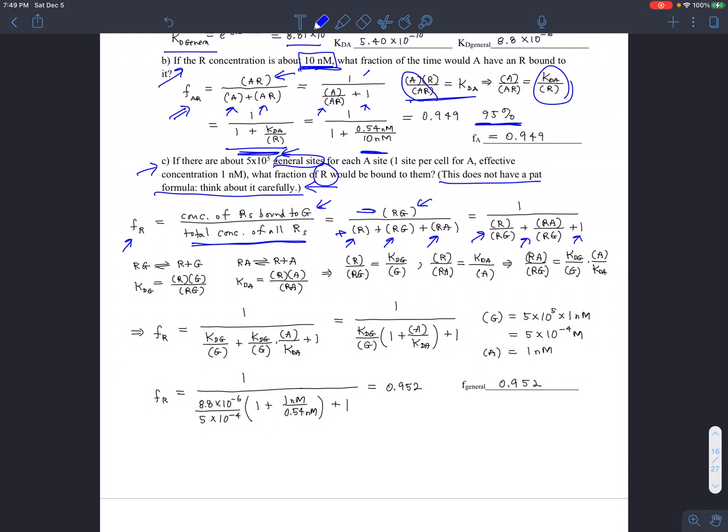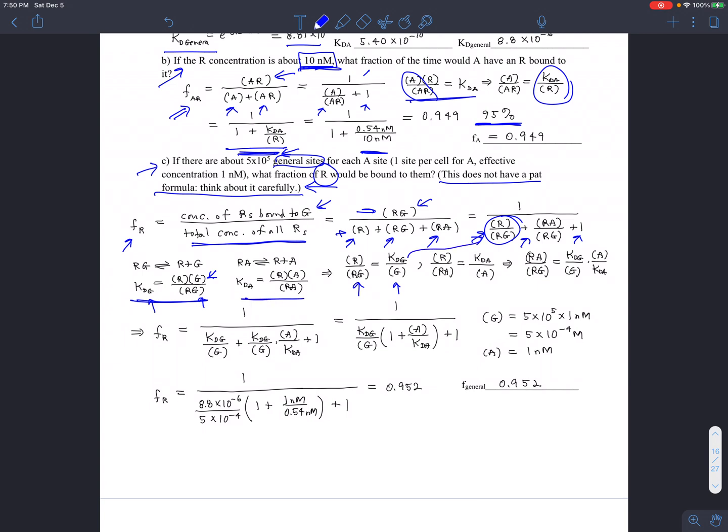So far so good. Now let's use our equilibrium constants. We have the Kd for the general site is R times G over Rg, and therefore R over Rg, which is one of the things we need, is Kd over G. So that much we have.